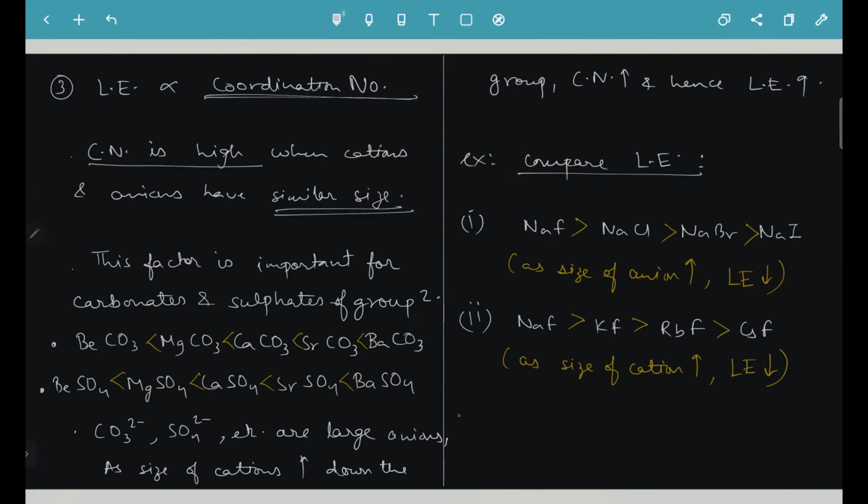It also depends on charge. Suppose sodium chloride, sodium oxide, and sodium nitride. इनमें lattice energies compare करेंगे. Charge देखो क्या है? Sodium chloride, chlorine is -1, oxygen is -2, nitrogen is -3. As the charge increases, lattice energy will increase.